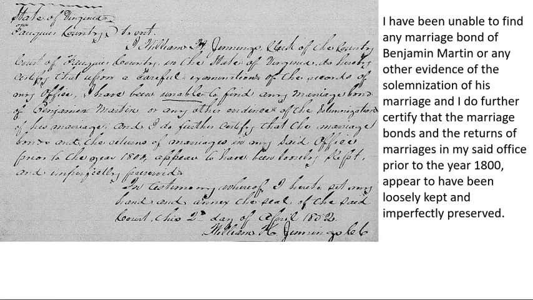And then he says, I'll further certify that bonds and returns of marriage in my office prior to the year 1800 appear to have been loosely kept and imperfectly preserved. And that's definitely true in regard to that reference. So you can imagine how many applications mention that. That's a great reference to know that that's what the clerk said.